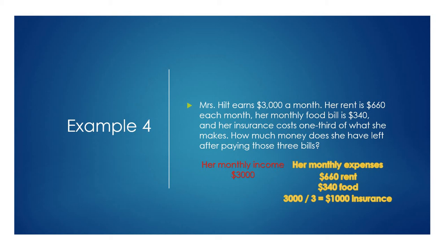Therefore, for 1/3 of it, we have to multiply 3,000 by 1/3, right? Or simply just divide 3,000 by 3. So 3,000 multiplied by 1/3 would be 3,000 divided by 3, and the answer is $1,000.